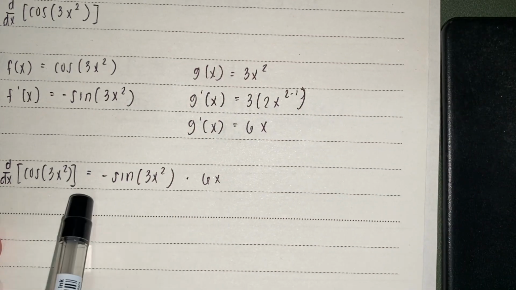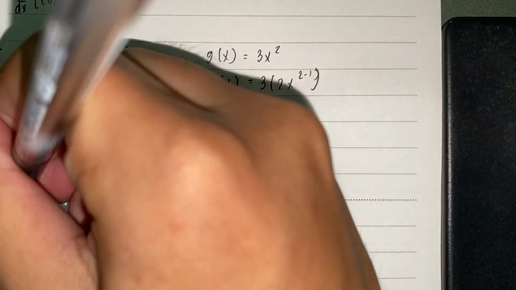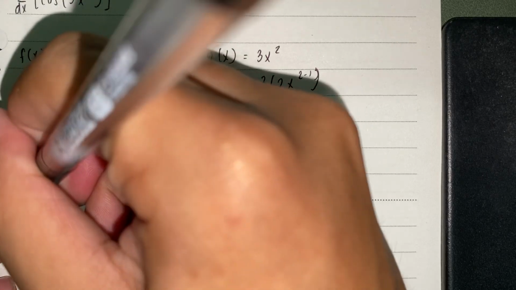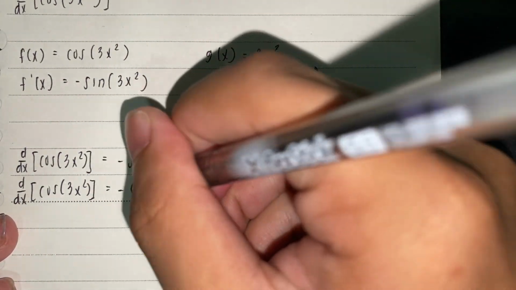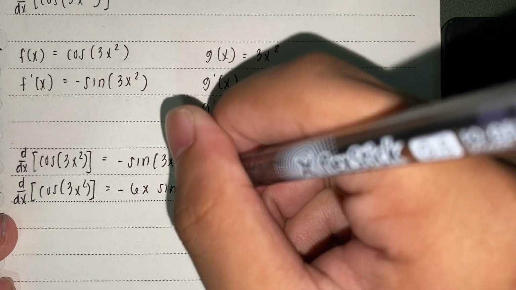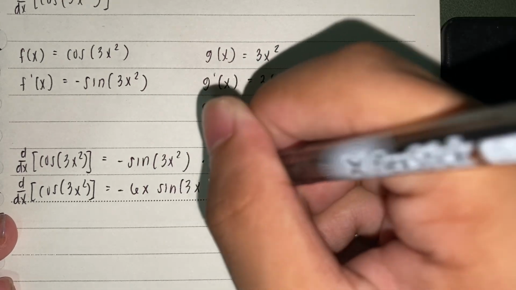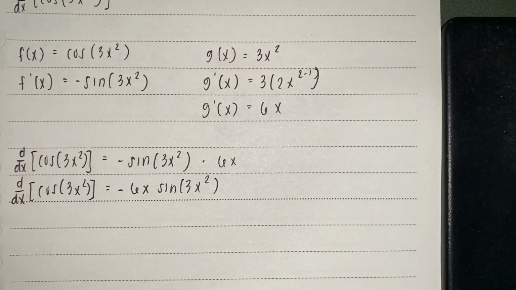So the derivative of cosine of 3x squared is negative 6x sine of 3x squared. So that is our final answer.